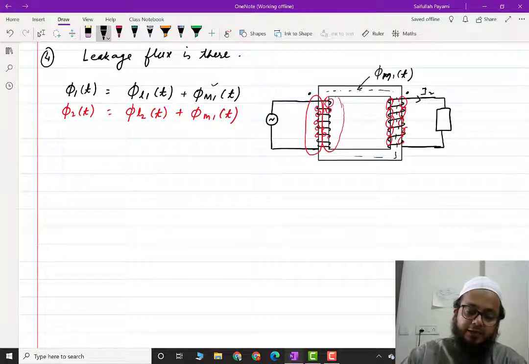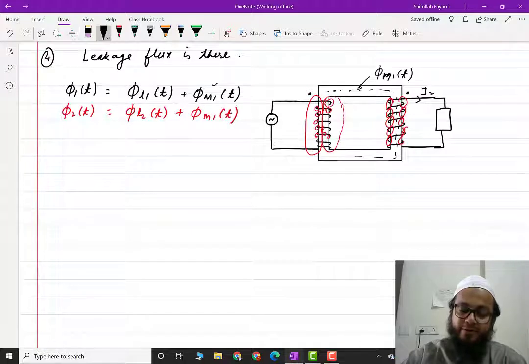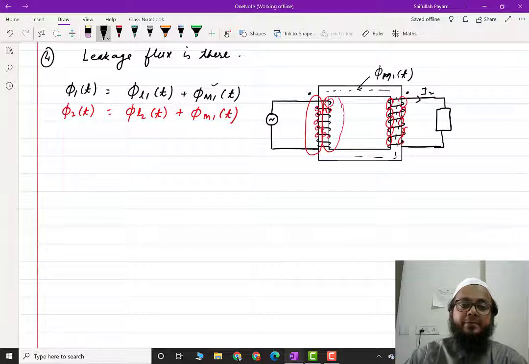Now consider this phi L1t. If we have applied a voltage V1 at the primary side, and because of that some flux is being produced, that flux would have two components: one is the leakage flux and the other actually links the other coil.